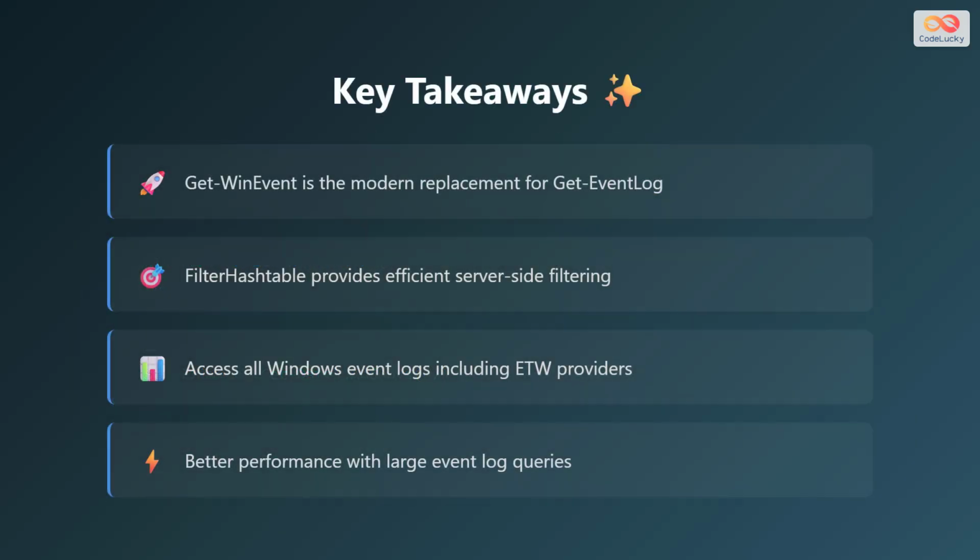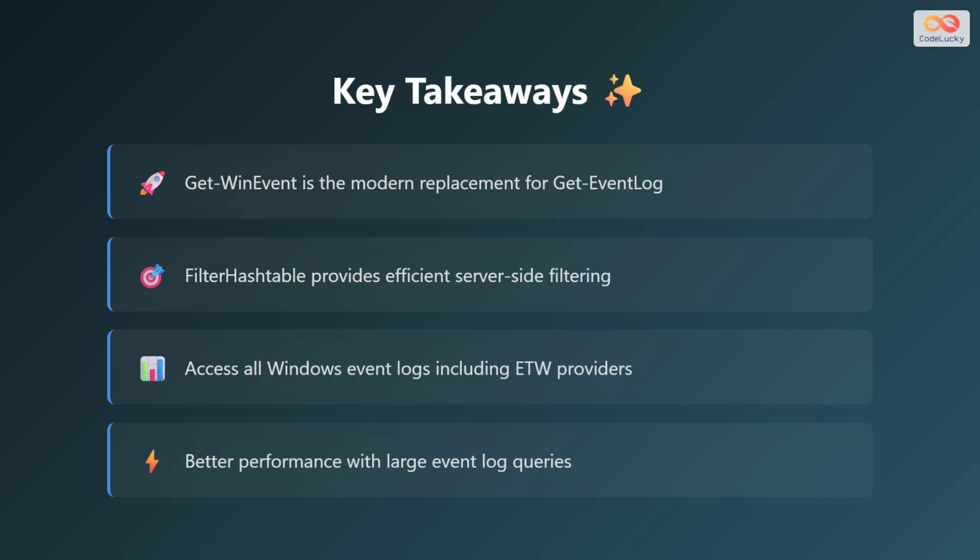Let's recap the key points. First, Get-WinEvent is the modern replacement for the deprecated Get-EventLog cmdlet, and it should be your go-to tool for all event log tasks. Second, the FilterHashtable parameter provides efficient server-side filtering, which dramatically improves performance when working with large event logs.